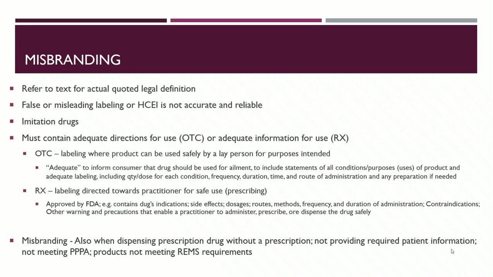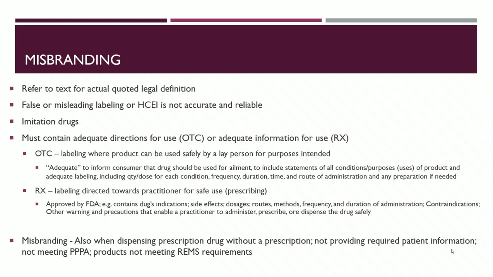So misbranding, again, you want to look at the book, you want to read that. There's going to be a mini topic that talks about it as well. We'll get to that a little bit later. Again, it's just not a label that's incorrect. Other things fall in there too, such as imitation drugs, and the labeling where the product can be used safely. It has to be used safely by the person for intended purposes.